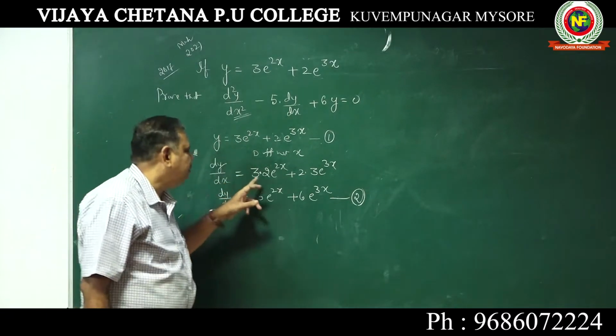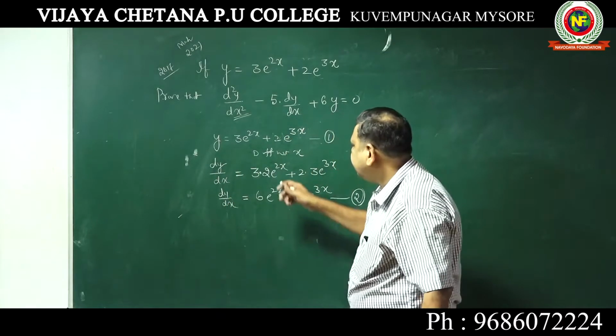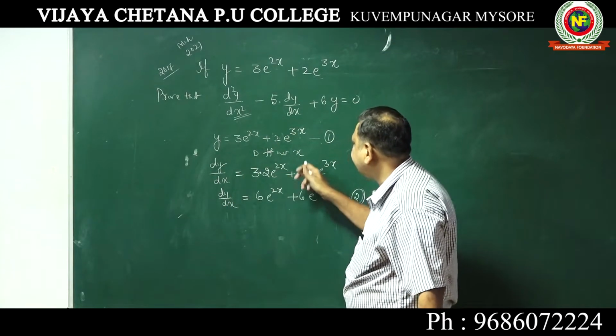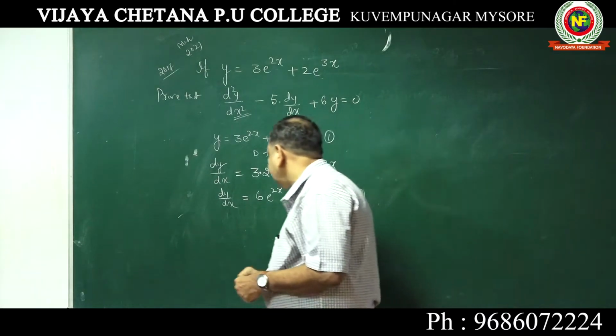Understood? What you have taken, y is equal to so much. Now dy by dx you have taken, differentiation you have done: 6 e to the power of 2x, 6 e to the power of 3x.